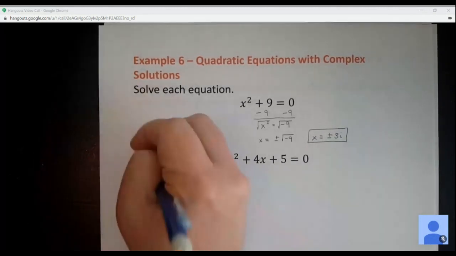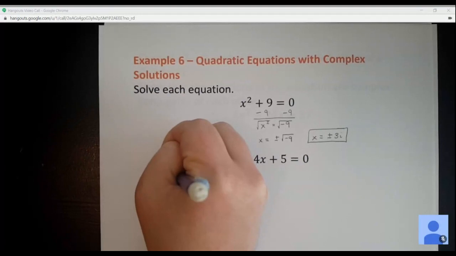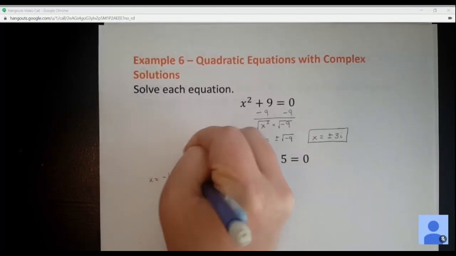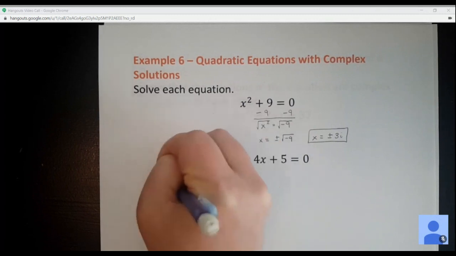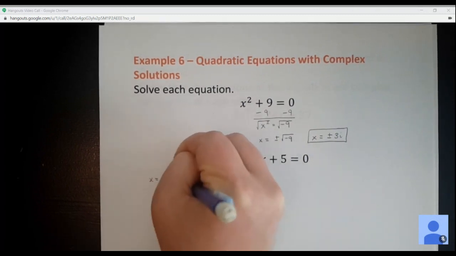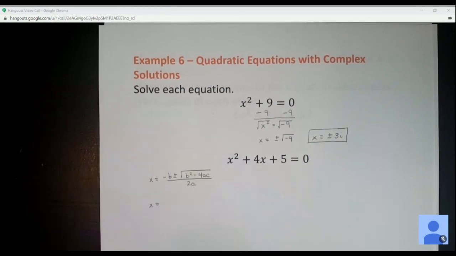So in this case, remember, quadratic formula is going to be negative b plus or minus the square root of b squared minus 4ac all over 2a. All right, so what's our b value this time? 4. Good.